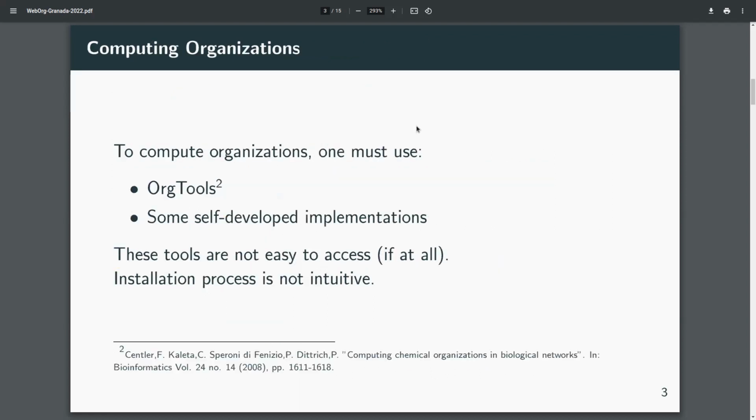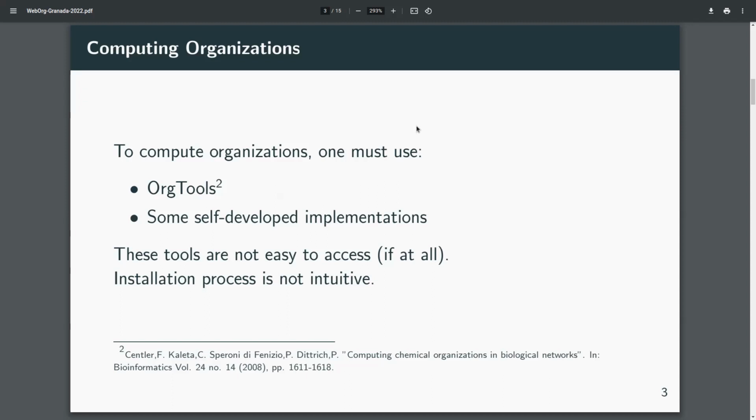Yes. So then the question is, since we're all talking about semi-organizations, this workshop, how do we compute these? And currently, as of my finding, when I researched for my bachelor thesis, you had two options more or less. You could use OrgTools, which were presented by Centler, Kaleta, Speroni, and Dittrich in 2008.